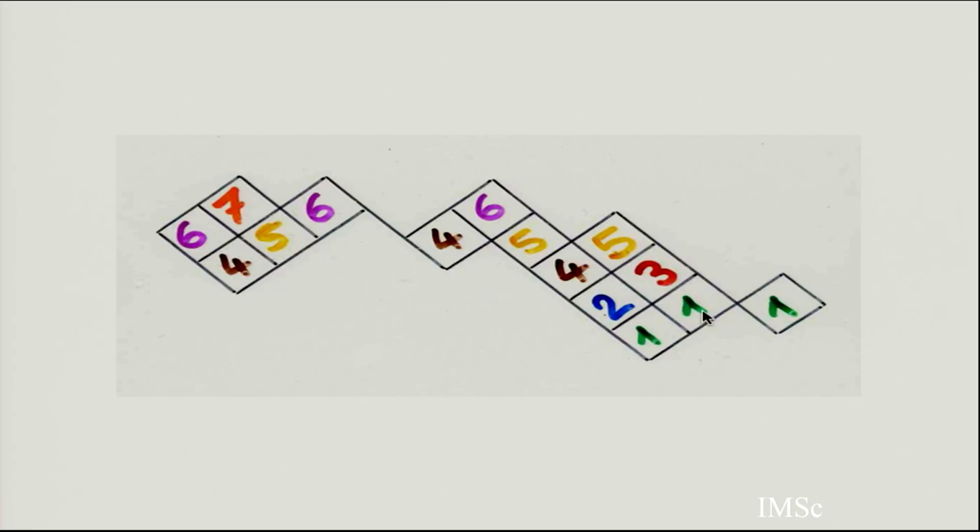And what is the Schur function related to this? To each value, each index like 2, you replace 2 by x with index 2. You replace the numbers by variables. Take the product of all the variables, you get a monomial. And take the sum of all these monomials for a given skew shape.